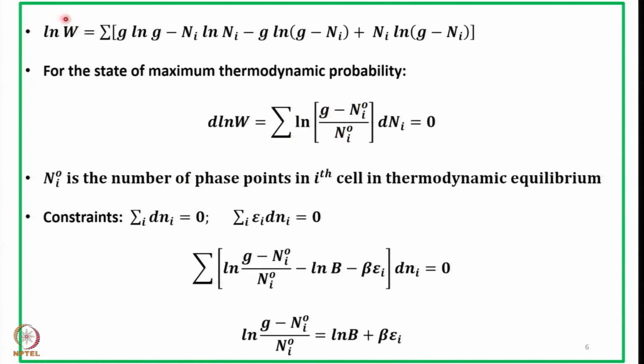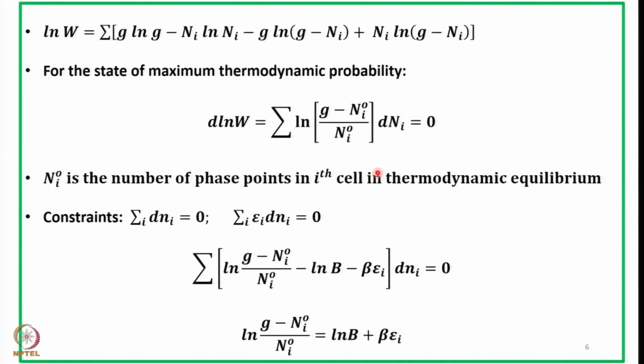Actually, you need to take the derivative of this, and you should end up with this equation. And Ni naught is the number of phase points in the ith cell in thermodynamic equilibrium. The derivation is similar to that we discussed in Bose-Einstein statistics.